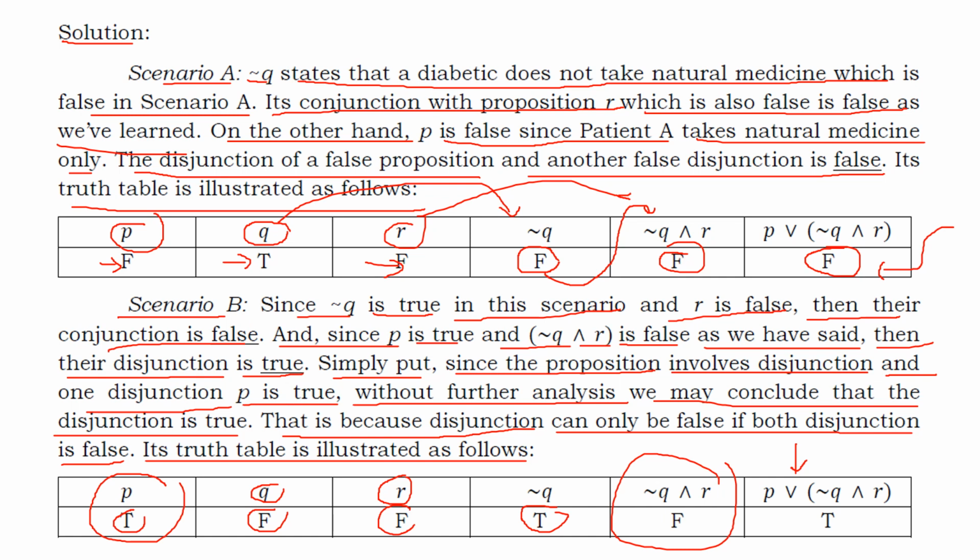Since proposition P is true, the resulting truth value of the disjunction of these two propositions is also true. At least one of the propositions involved is true, then the disjunction of these two propositions is automatically true. That's why it is true.